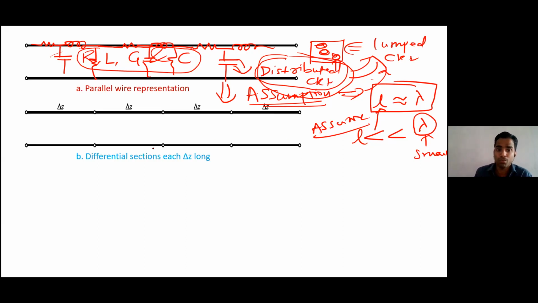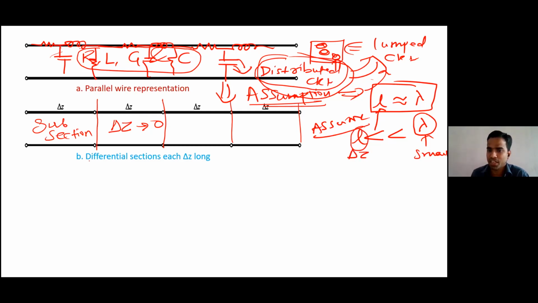we divide the line into subsections. This is one subsection, this is another subsection, and so on. Our assumption is that the length of each subsection, this delta Z, is tending to 0.